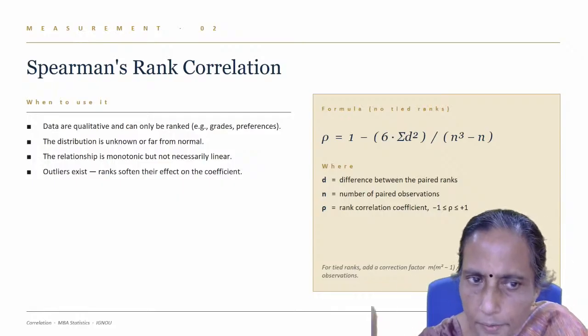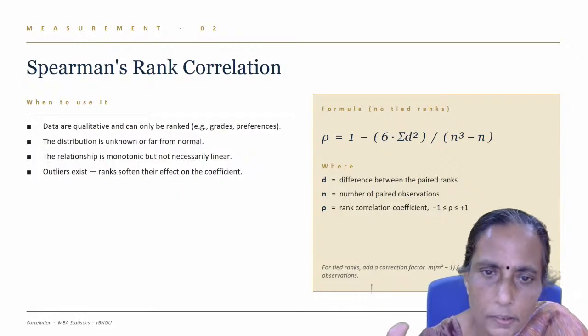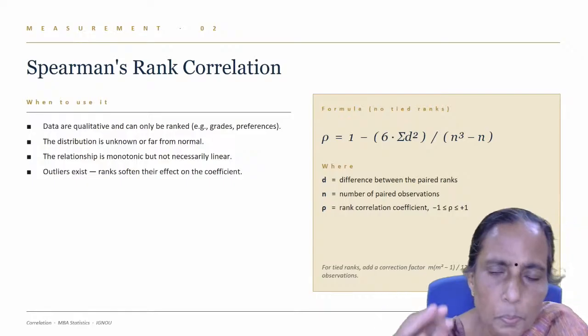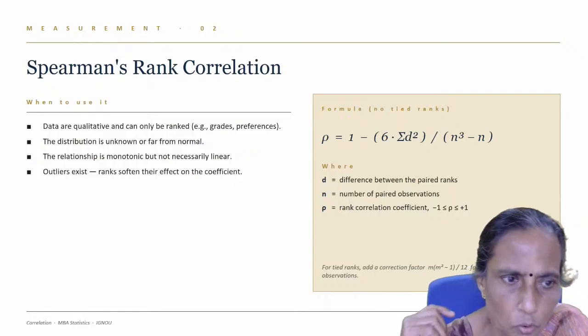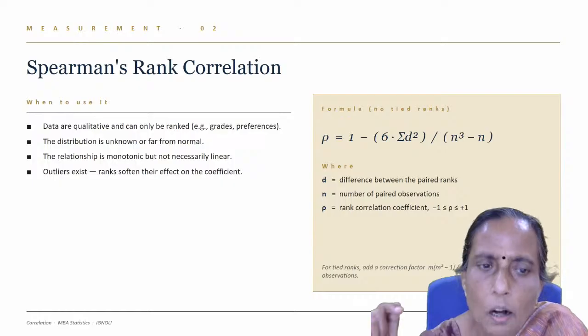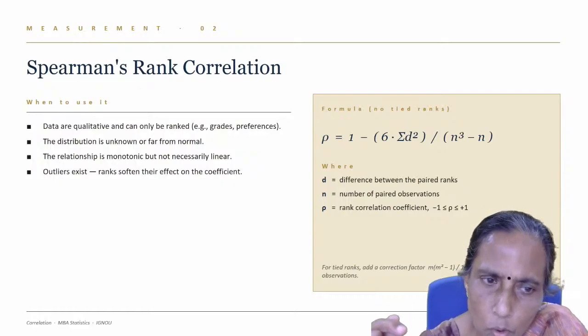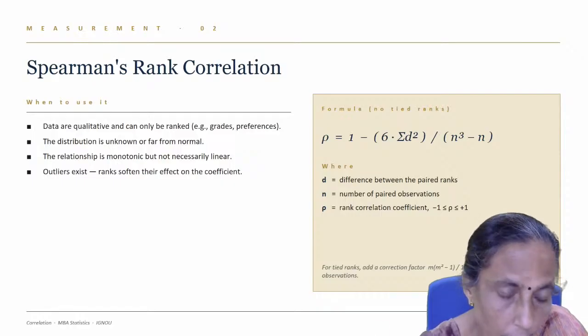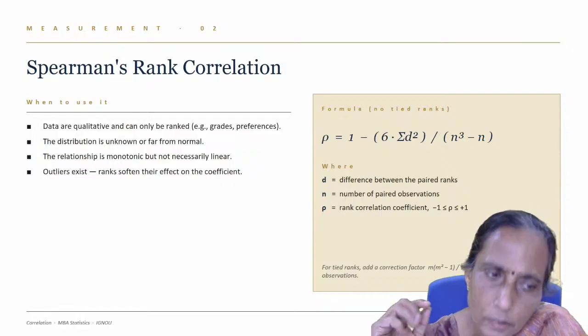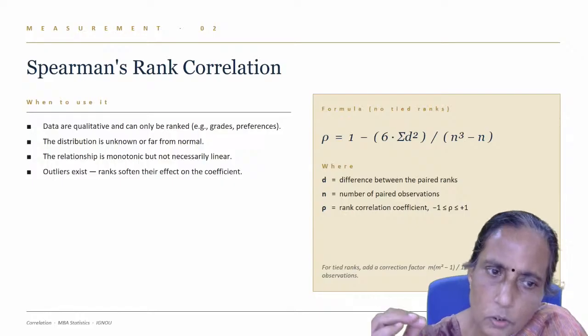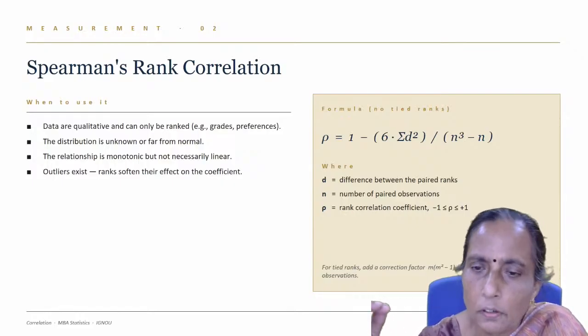It is also used when the distribution is unknown or far from normal, and the relationship is monotonic but not necessarily linear. Outliers may exist, but ranks reduce their effect on the coefficient.